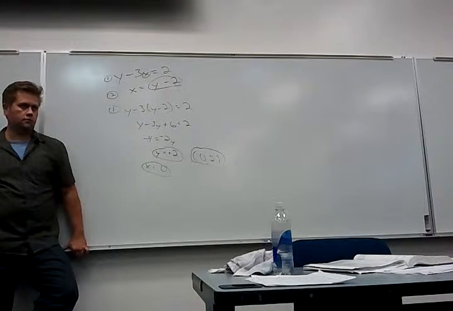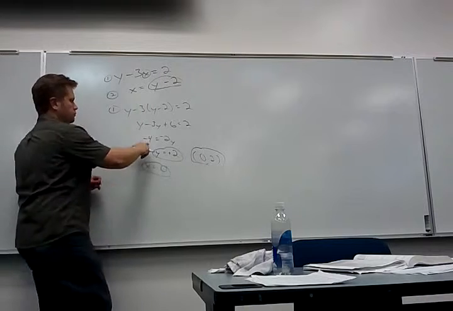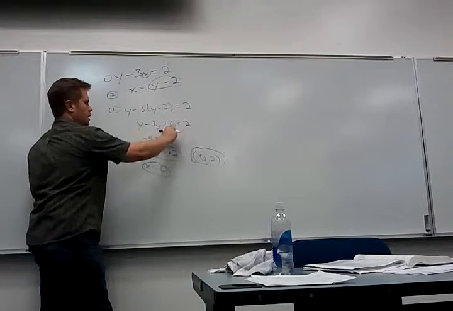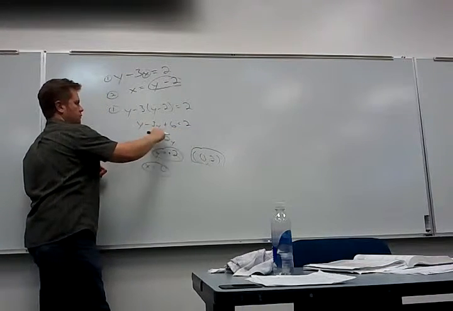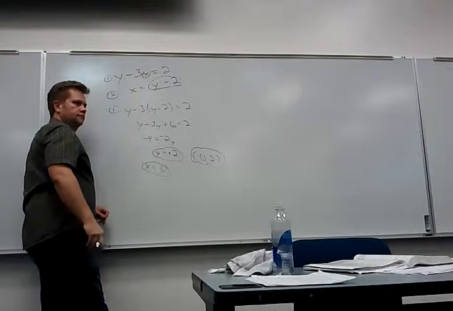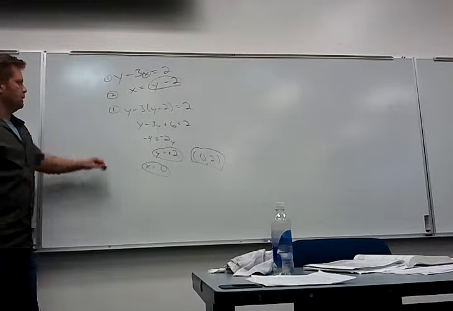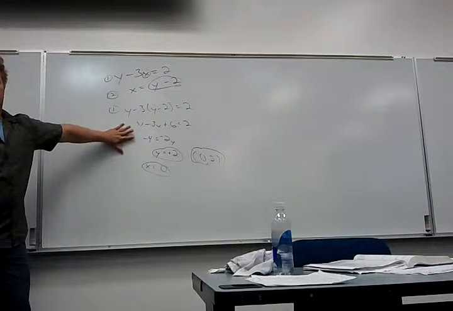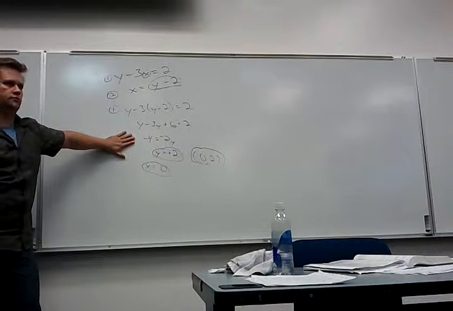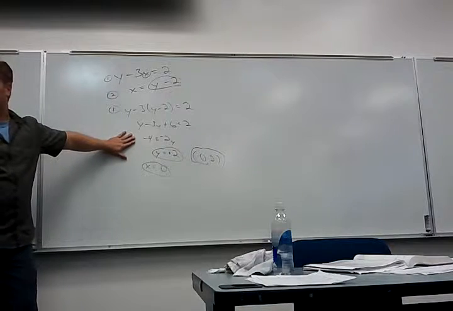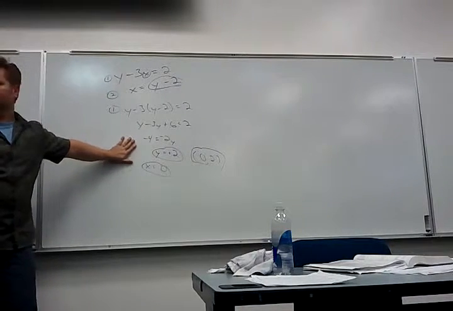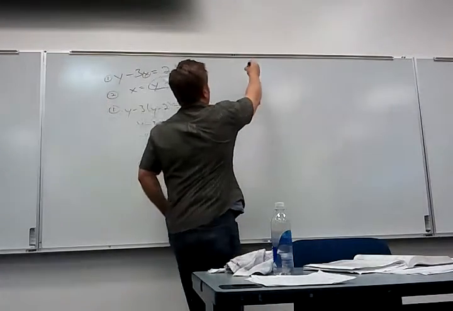Is that -4 or -y? -4. Sorry. Subtract 6. y minus 3y is -2y. Why did I switch it? I don't know. My head decided to do that. But this is not a big deal, right? Please do not. This should be nothing. That's all I'm talking about.